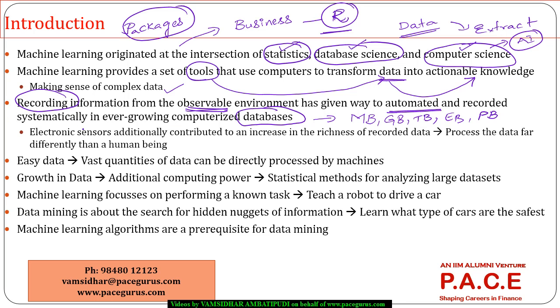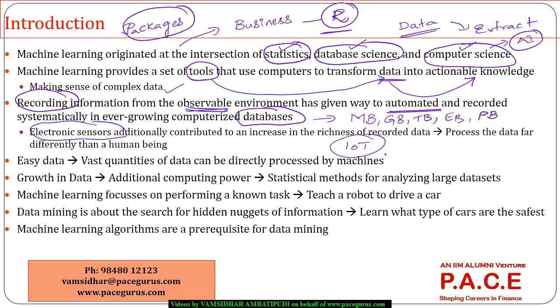And today there are lots of electronic sensors, right? We are talking about something called the Internet of Things, which is contributing very heavily to the richness of capturing data. So the data is captured at a much faster pace and in much larger quantity.